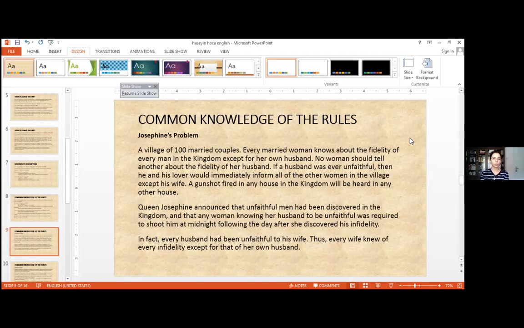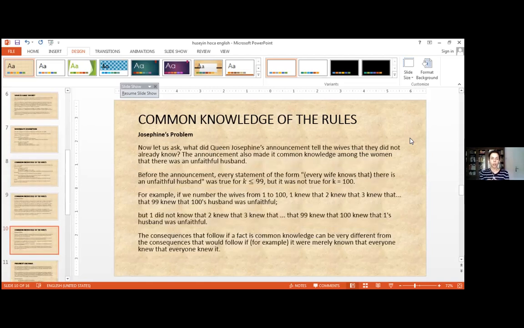Thus, everyone knew of every infidelity except for that of her own husband. Now, let's ask what this announcement tells the wives they didn't already know. The announcement made it common knowledge among the women that there was an unfaithful husband.